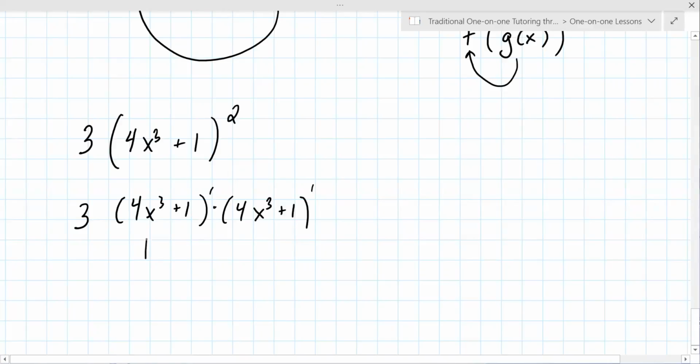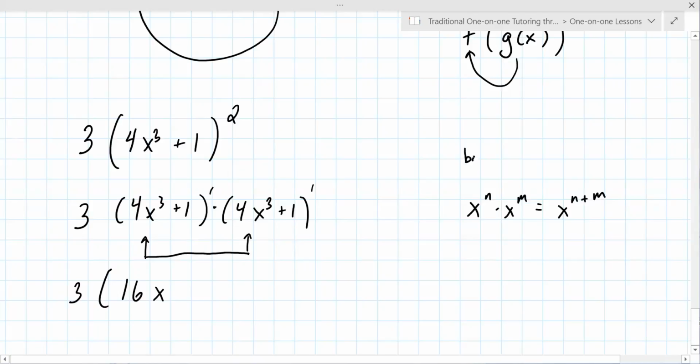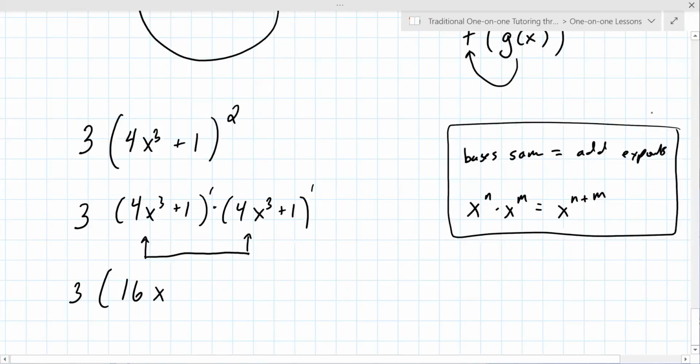Now, if these two are multiplied first, what does that become? Well, 4 times 4 is 16. X cubed times x cubed is, now when the bases are the same, you add the exponents. Okay. Bases same, add exponents. So sometimes it's good to have both the written way of understanding it and then the formula to go along with it. So what is 3 plus 3?